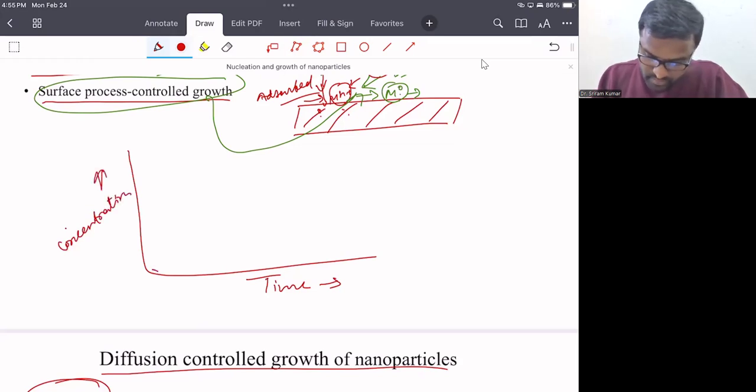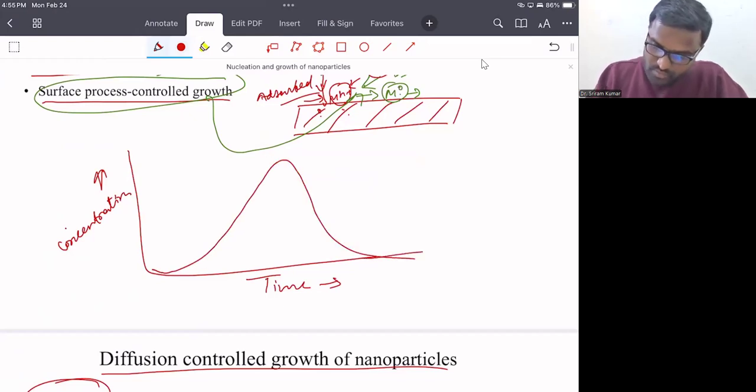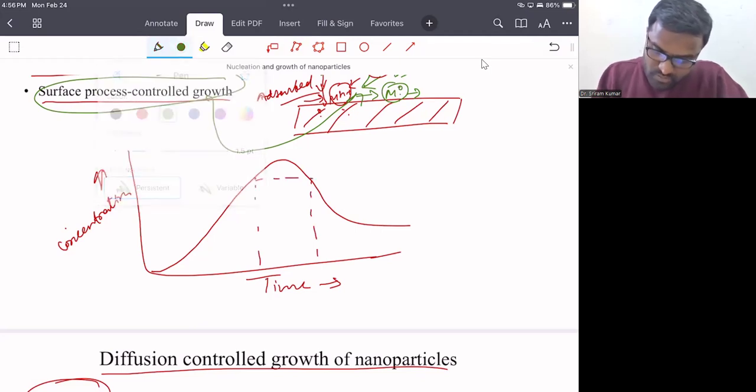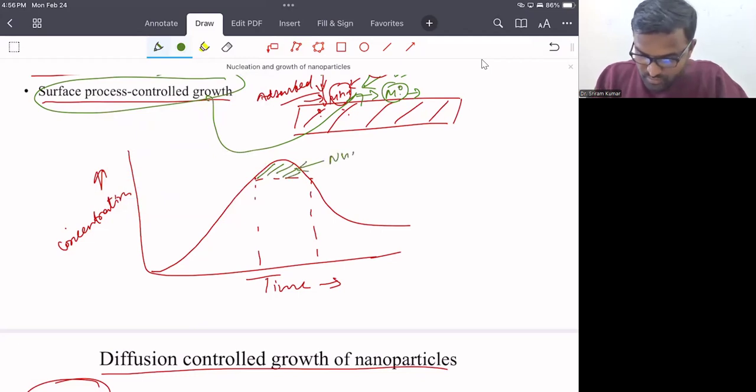We understand that this region is the nucleation process, and this entire region is the growth process.